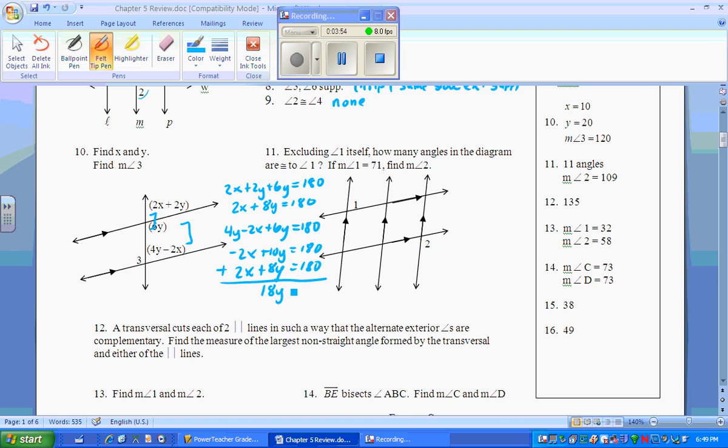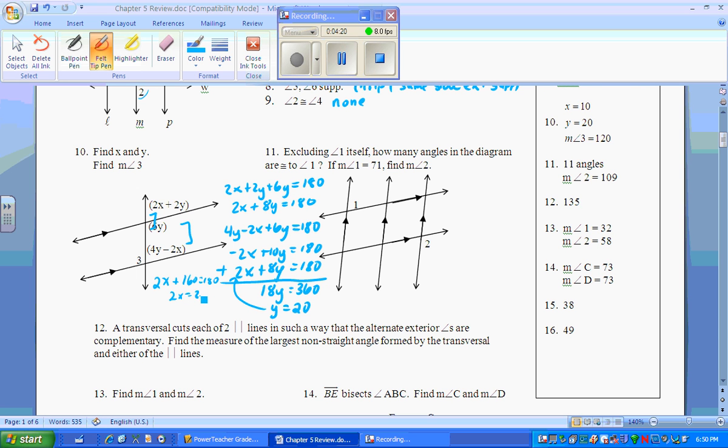So we get 18y is equal to 360. So y ends up equaling 20. We need x. So if I plug it back into, let's say, this one here, I get 2x plus 160 equals 180.